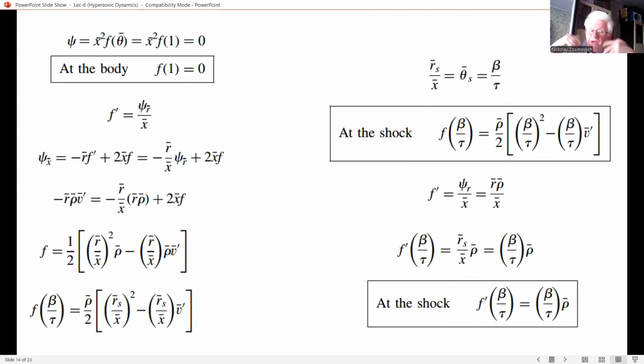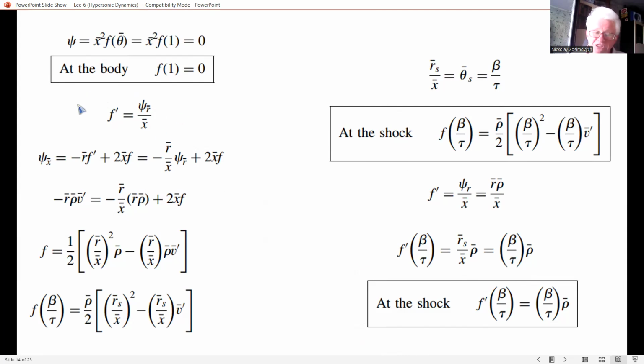And from this, we can apply at the surface and have this expression on the left top. Psi might be equal to 0. And thus, the body boundary condition will be in the next row: at the body the function f must be equal to 0. At the shock wave, we can obtain values of both f and f prime, by using our expression in the previous part, psi over x.